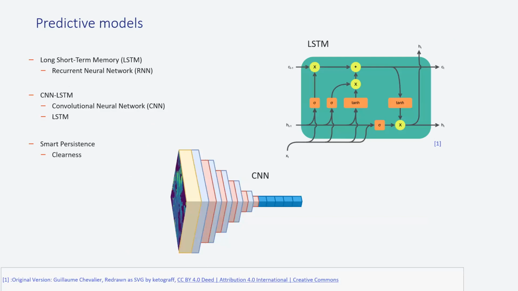For our predictive models, we use a hybrid structure. We either use the LSTM when we have the time series of the aggregated data, or we use a combined CNN LSTM architecture when we have image data. Our reference model is smart persistence.